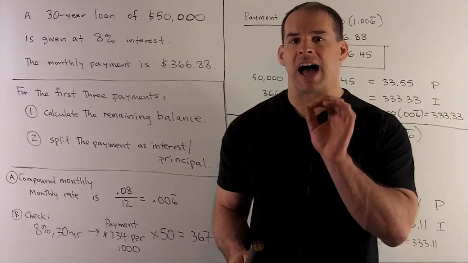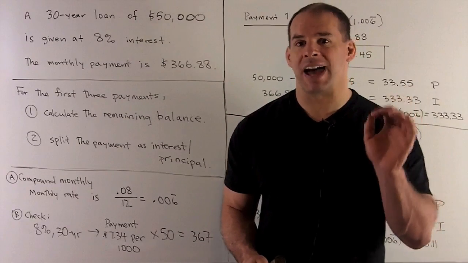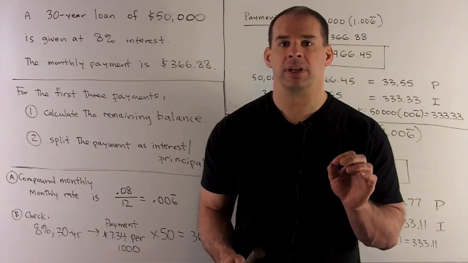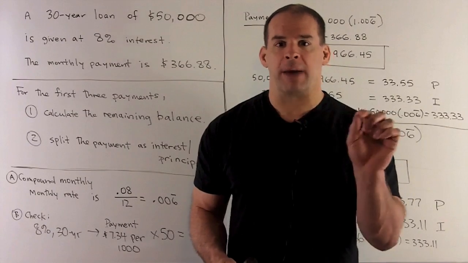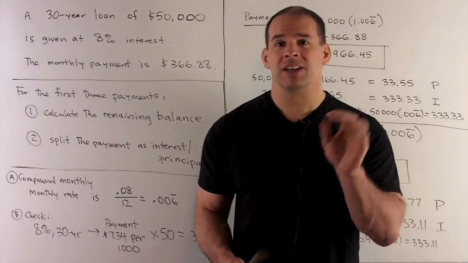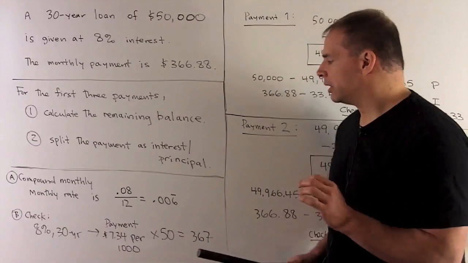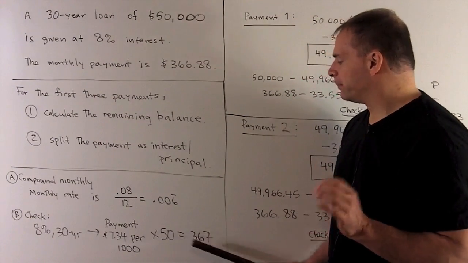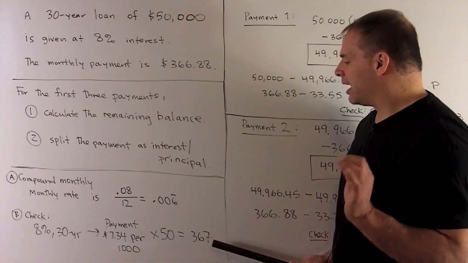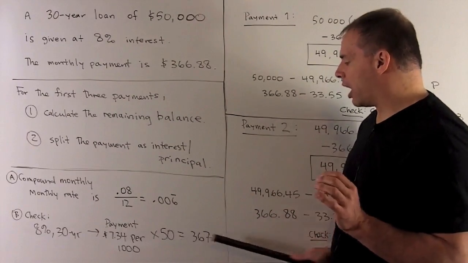So for each $1,000 that you loan, you charge $7.34. Here we have $50,000, so we divide by 1,000. That gives me a 50, so that's what we multiply by. So multiply our $7.34 times 50, I get $367, and that's just our payment rounded off.